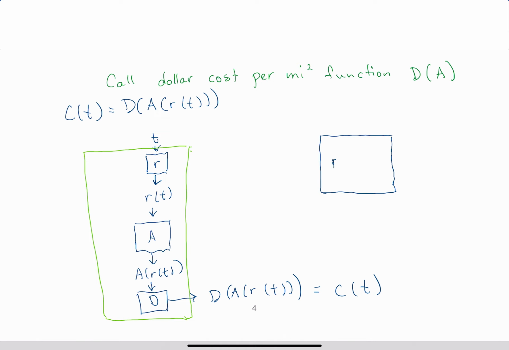So we had D composed with A composed with R of t. And if we have a formula for that, all we need to know is the number of days the leak has been occurring, and out comes our cost, which again depends on dollars, which depends on area, which depends on radius, which depends on time.